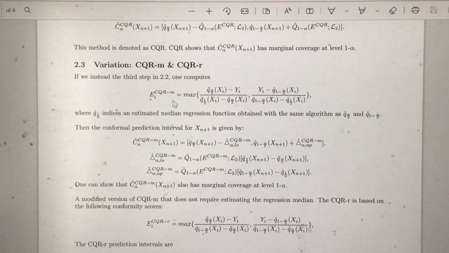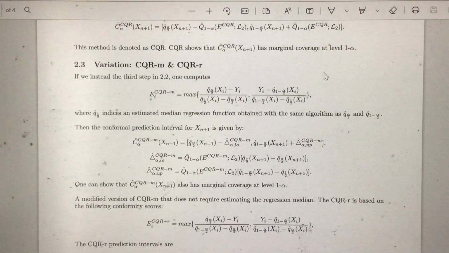The conformity scores of the CQRM are both divided by q hat 0.5 minus q hat half of alpha, and the other one by q hat 1 minus half alpha minus q hat 0.5.